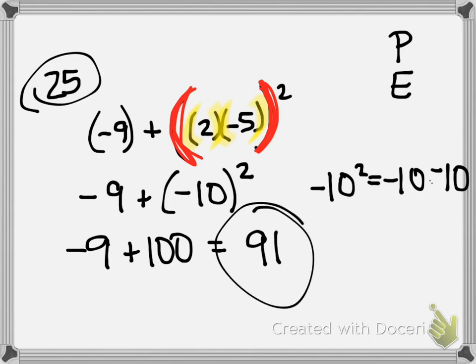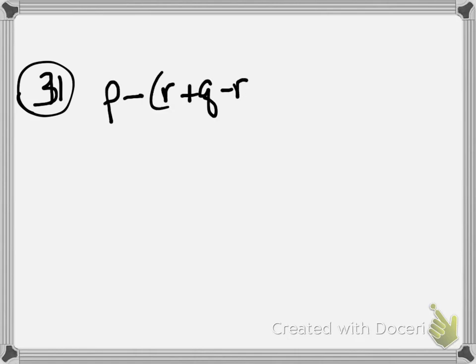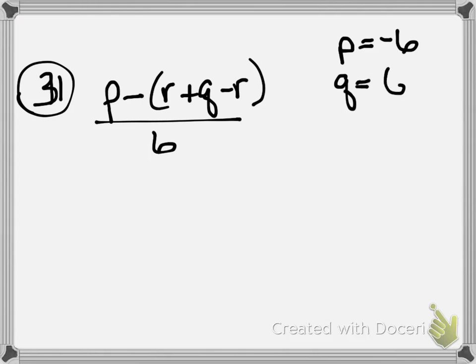Now if you look all the way to the end of this worksheet, we begin to evaluate expressions algebraically, and they are giving us some values to use. So let's look at number 31. So we have P minus R plus Q minus R in parentheses, all over 6. And they tell us values for P, for Q, and for R. So what you need to do is substitute those values into the expression.